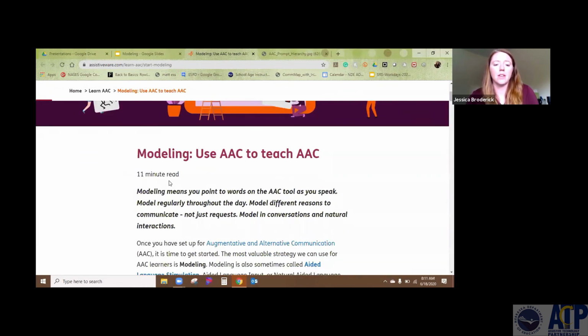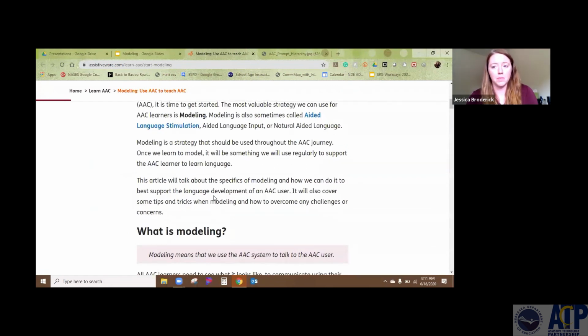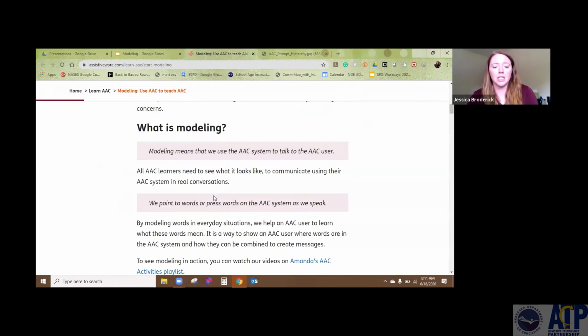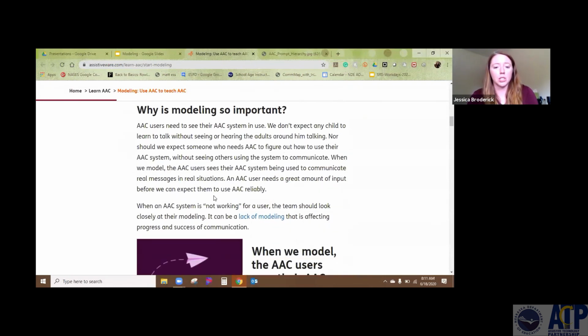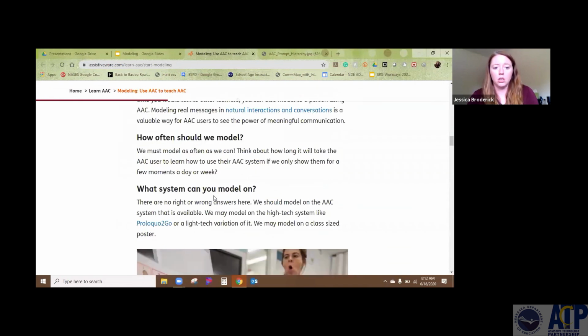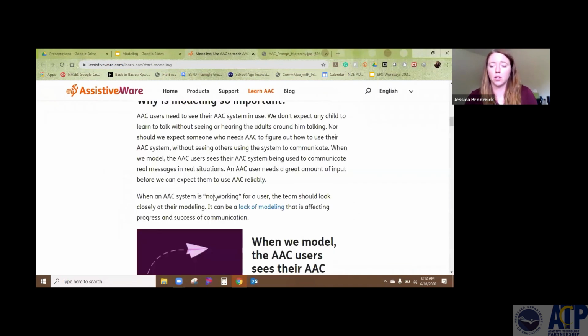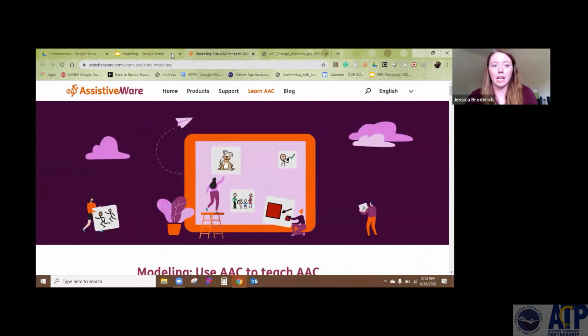It tells you it's an 11-minute read, and it explains modeling in very simple terms, very parent-friendly, very teacher-friendly, community friendly. If there's a sibling, if there's a para, whatever, it just walks through the basics: what is modeling, how to start, why is it important, why should you do it, when should you do it, how do you do it, all that kind of stuff. So this is a great resource to start off with, talking about the basics.